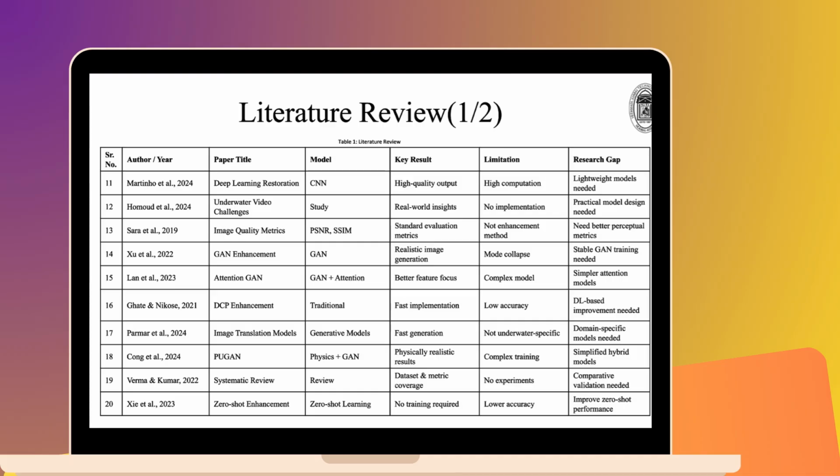Attention mechanisms helped preserve important image regions. Traditional methods like dark channel prior were fast but less accurate. Many studies focused only on specific datasets or specific underwater conditions. Research also highlighted issues such as training instability, high computational cost, poor generalization, and lack of comparative evaluation.